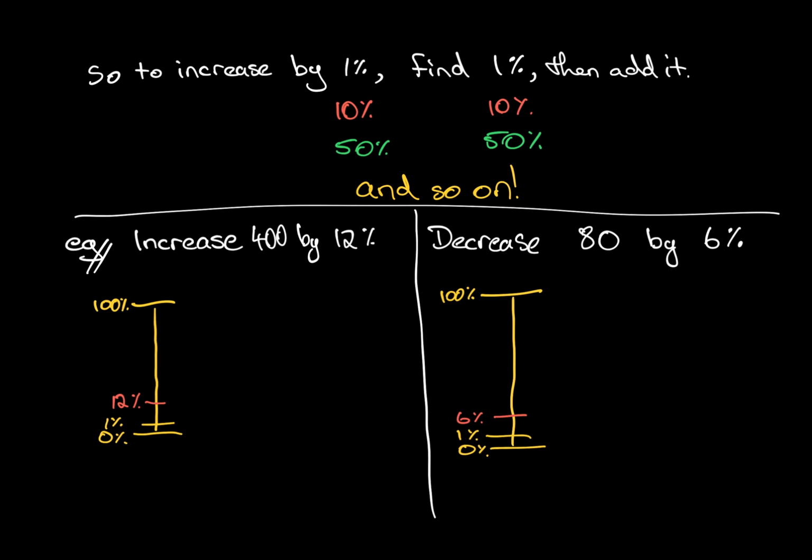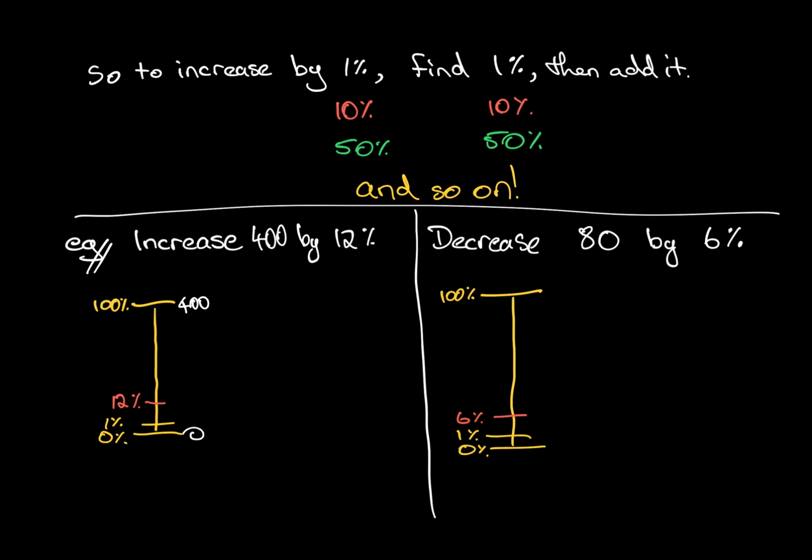In the first example on the left, we're going to increase the quantity 400 by 12%. So let's look at it using a dual scale number line. We have in yellow 0%, 1% and 100%, and in red the 12% that we want to increase by. What we're going to do here is note that 0% of 400, well of course that's 0, and 100% of it, that's 400 itself. That's the total.